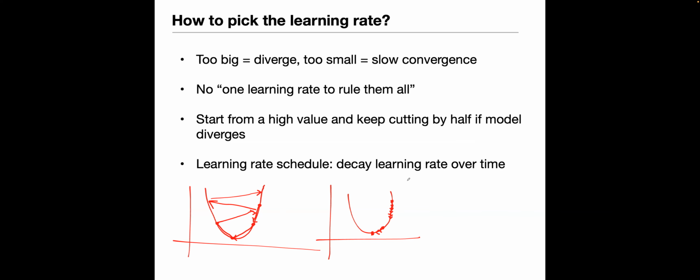That's the idea. You can also use a learning schedule: maybe after 10 training epochs, I want to reduce my learning rate, and after another 10 training epochs, reduce it further by, say, 10%. That's a strategy you can use.